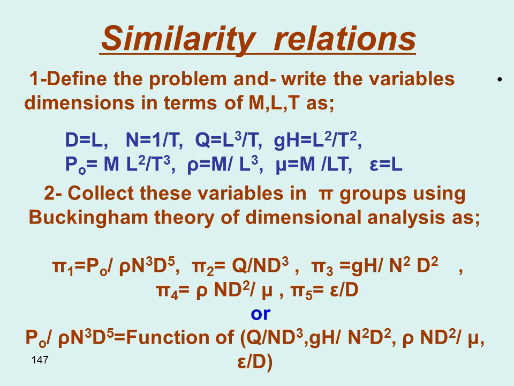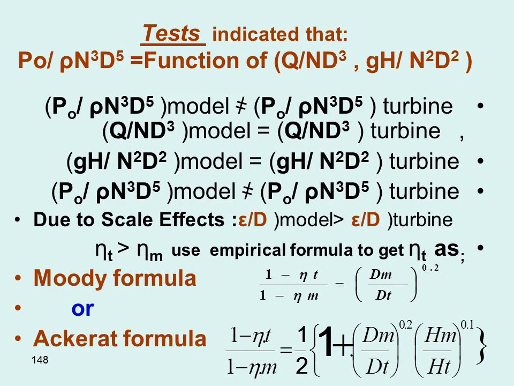This means from this slide that P naught over rho n cubed d to the power 5 will be only a function of Q over n d cubed and gH over n squared d squared.